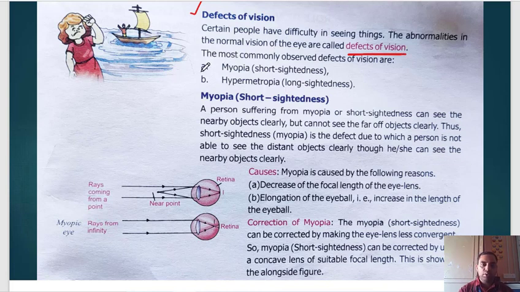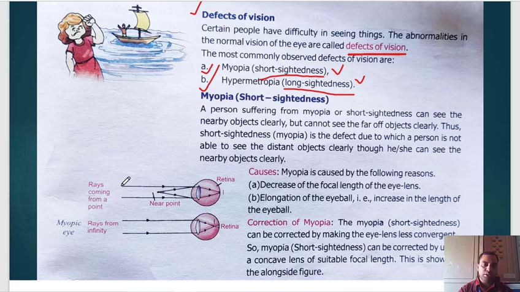So the most common ones are myopia and hypermetropia. Myopia means short-sightedness. What is short-sightedness? We'll see. Hypermetropia is long-sightedness. What is this? We will see. So let's see myopia, that is short-sightedness. So this is the eye. This is the retina on which the image is forming, and this is the point where the object is.